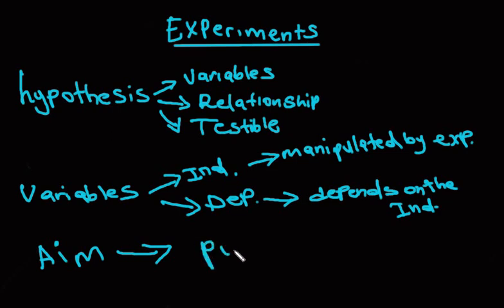It is like the purpose of the experiment. You are actually telling them why this experiment was conducted. That's what they mean. So the reason the experiment was done, what they wanted to look at, that's your aim.